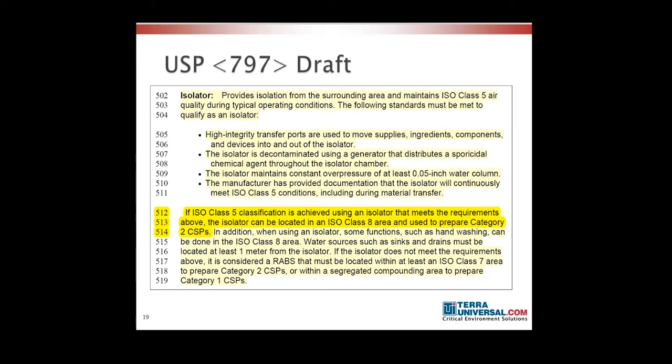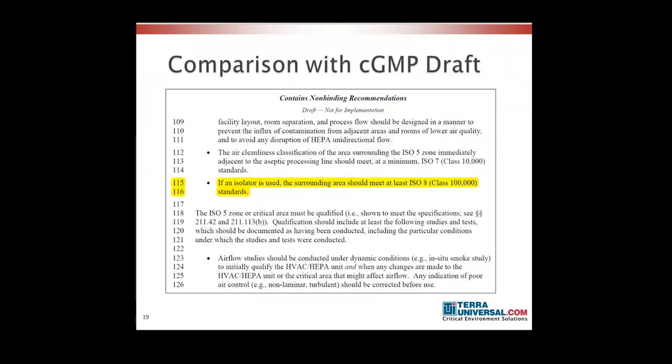This gives you a little bit more facility and operational flexibility should you decide in the future to proceed with compounding, say, hazardous CSPs, or if you are working within the beyond use date exemption and you start compounding CSPs that are no longer under that exemption. This gives you some facility flexibility. So that's our recommendation in those instances.